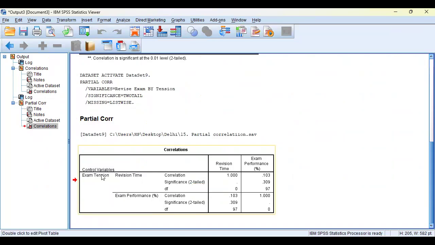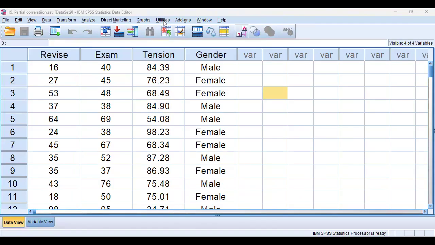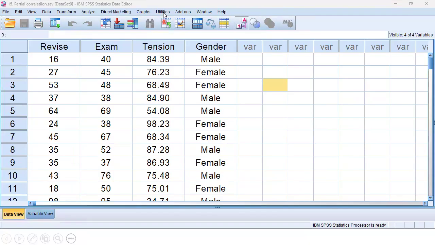Revision time and exam tension. So exam performance, revision time and 0.103 is partial correlation. Now I take the partial correlation.